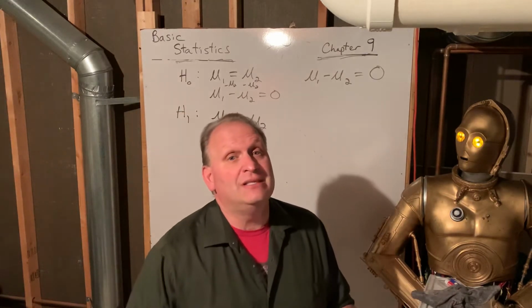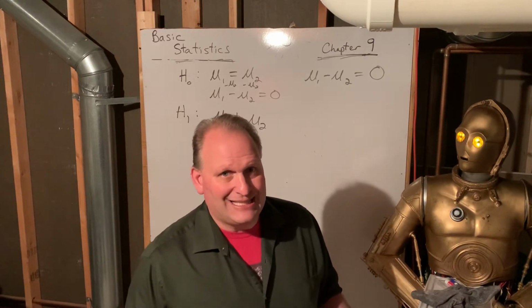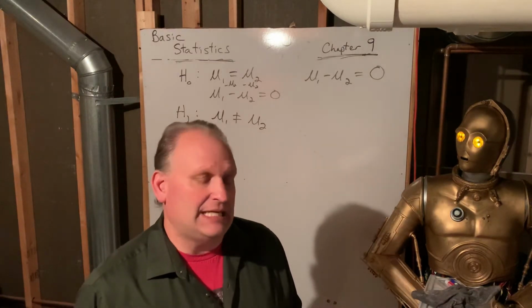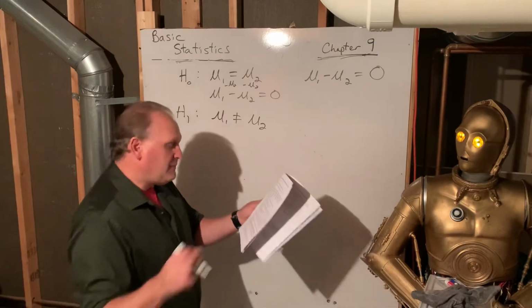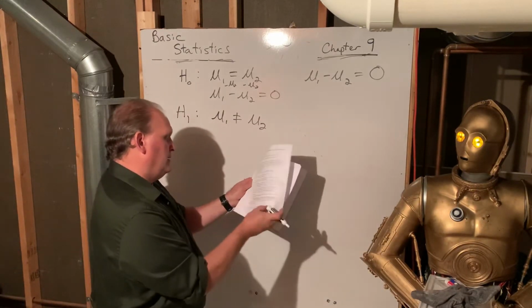If you're going to use z, if you don't have the population standard deviation, you have s instead, the standard deviation of the sample, then you have to use t, the t distribution. So just like before, only this time we're comparing two populations.